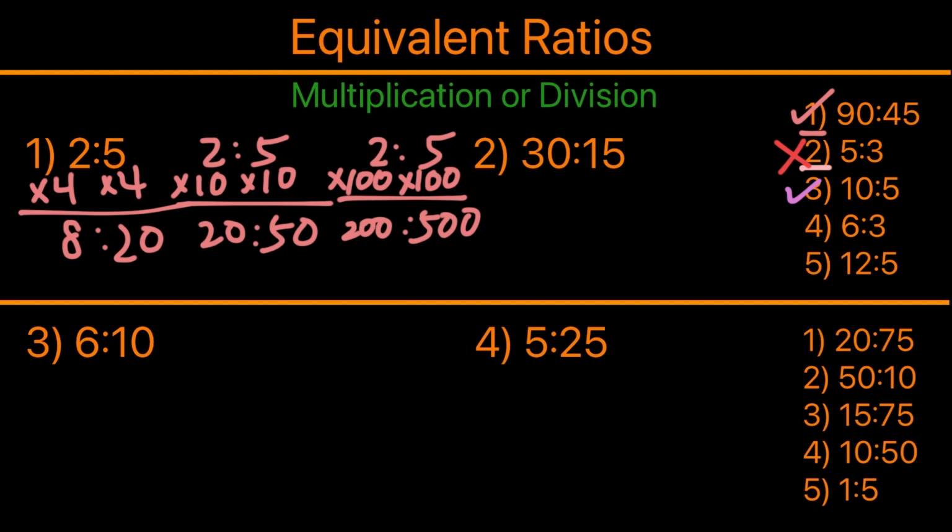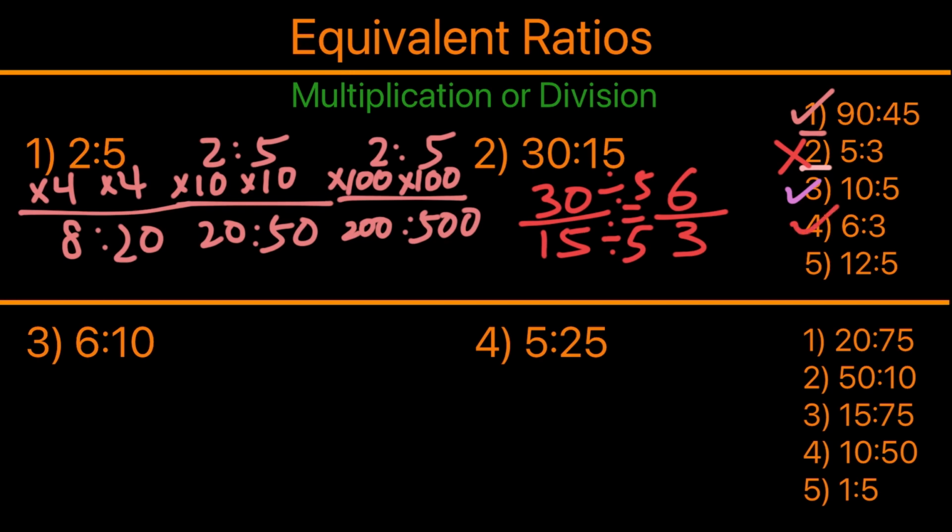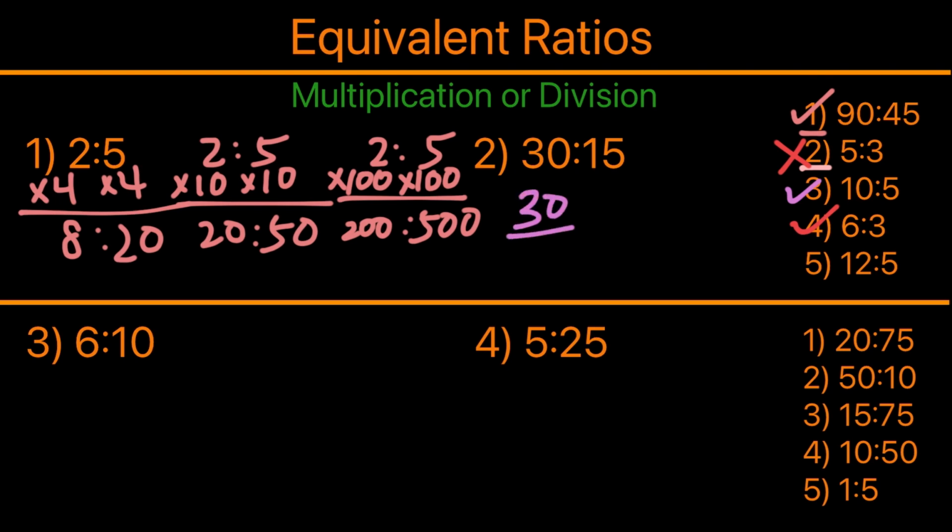And next we have 30 over 15 to 6 over 3. 15 divided by 5 will become 3. 30 divided by 5 becomes 6. So therefore, this one is also correct. And the last option, 12 to 5.